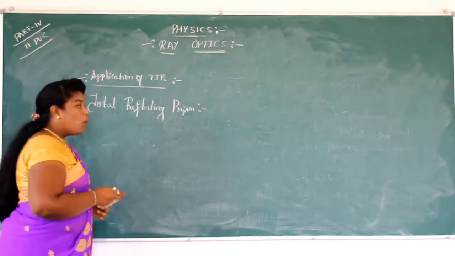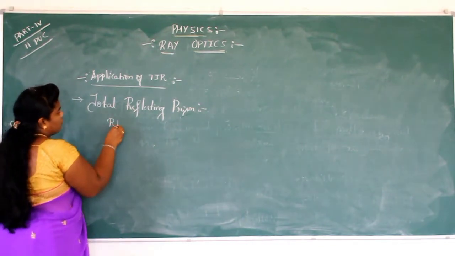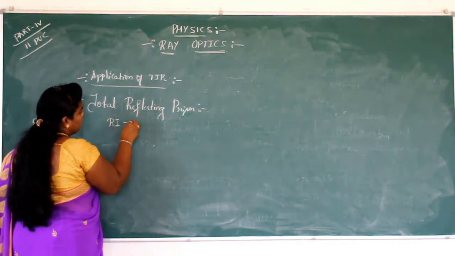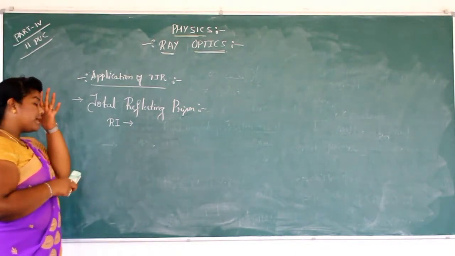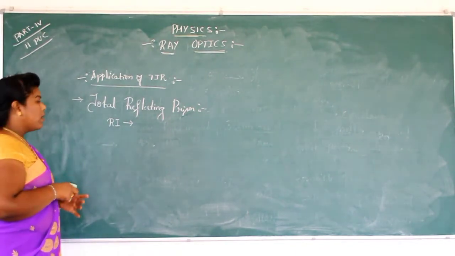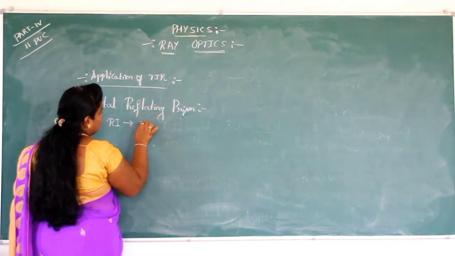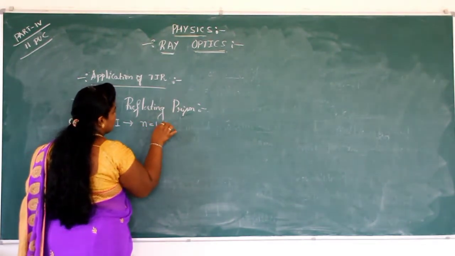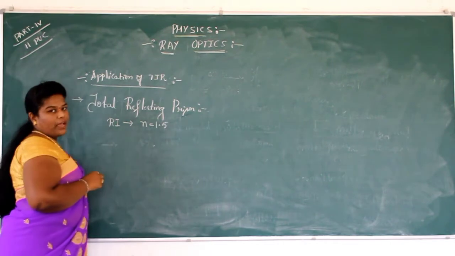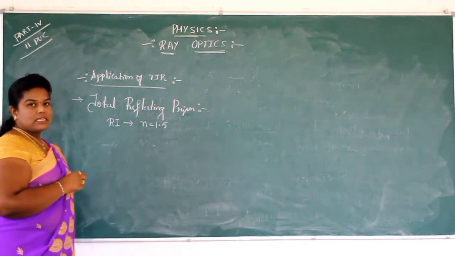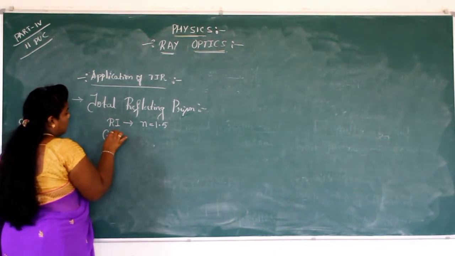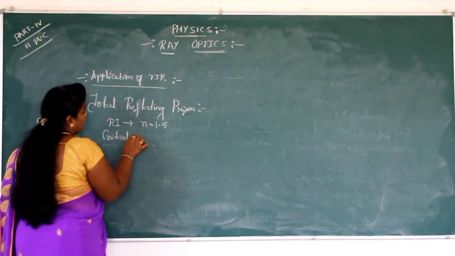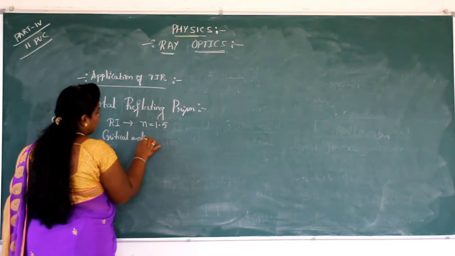Then, what is the refractive index of the total reflecting prism? The total reflecting prism is made of glass, and glass has a refractive index of n equal to 1.5. We should also know the critical angle for the total reflecting prism.